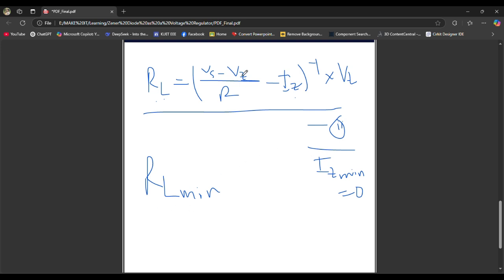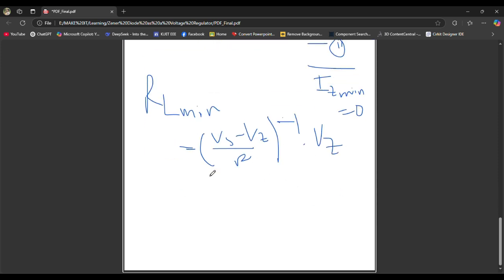So RL minimum will be Vs minus Vz divided by Rs, whole inverse, multiplied by Vz. This is the RL minimum equation.